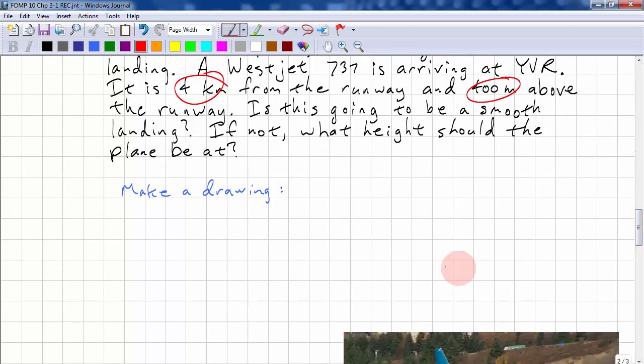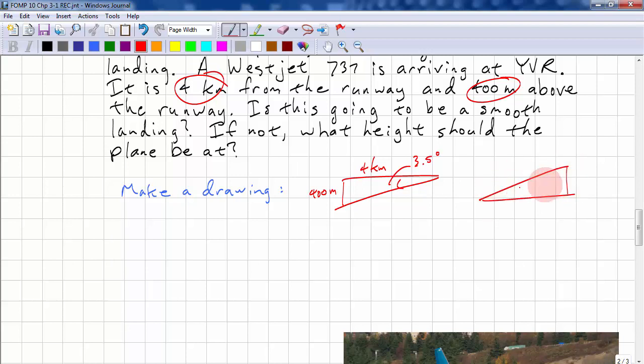So we'll make a drawing. So this is 3.5 degrees. This is 4 kilometers. This is 400 meters. You can technically draw the triangle this way as well, if you like.